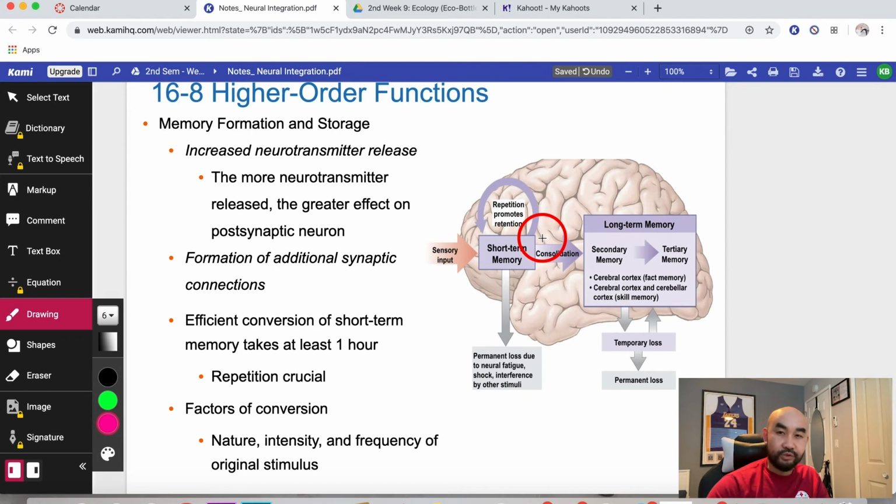Let's say I tell you my name, right? You repeat, and you remember, short-term memory. But maybe if you stop repeating, 30 years later you see me, you probably don't remember my name, right? It can be a permanent loss if you don't practice or you have brain damage.